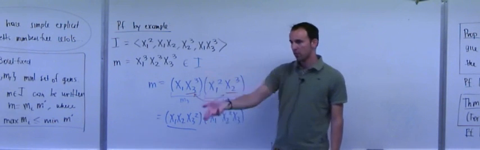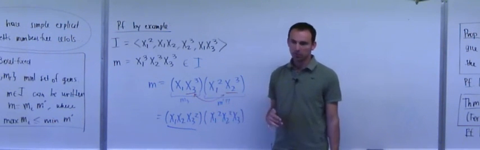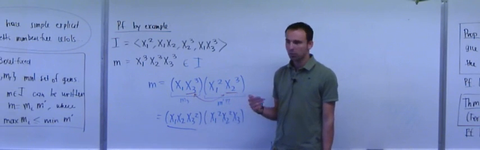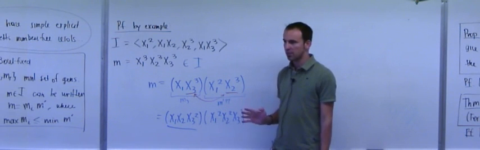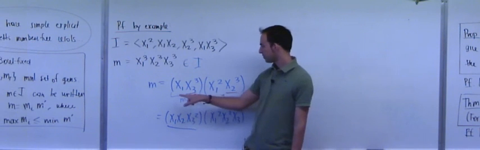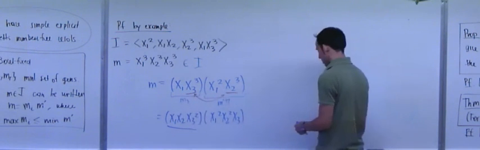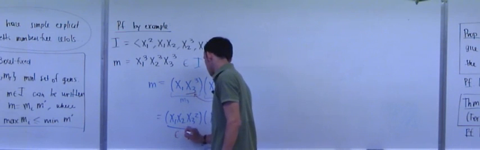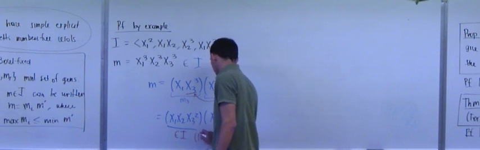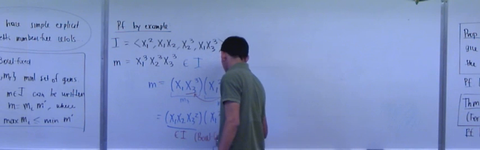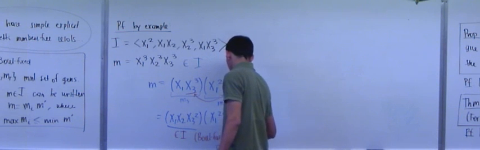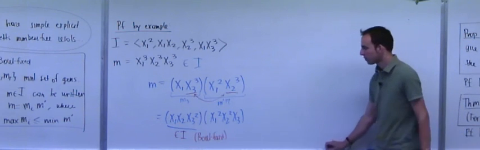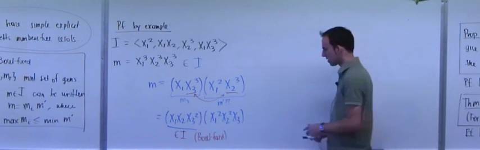I took a bigger variable and I added a smaller variable. Because this guy is Borel-fixed, when I do that, I'm still in my ideal. So when I do this thing, it is still in my ideal, because this ideal is Borel-fixed. This thing is in the ideal.